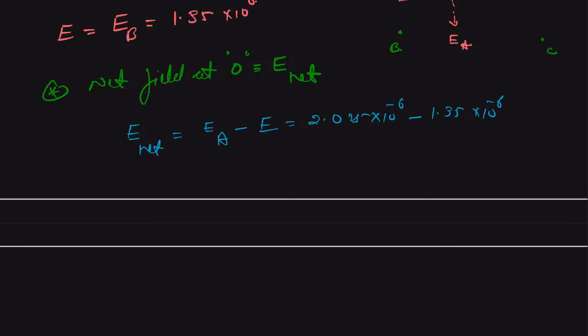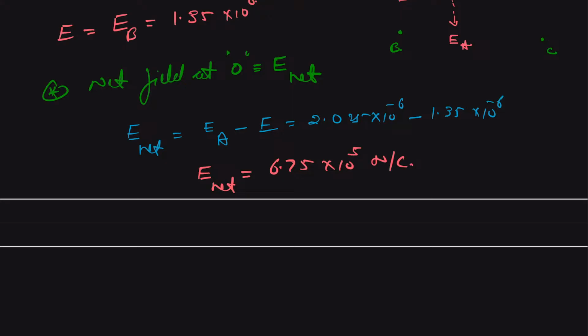So we get the net electric field at point O as 6.75 into 10 to the power 5 Newton per Coulomb.